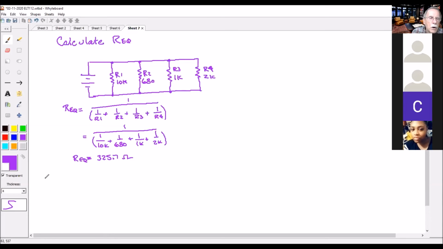One rule about REQ: REQ must be less than the smallest resistor.